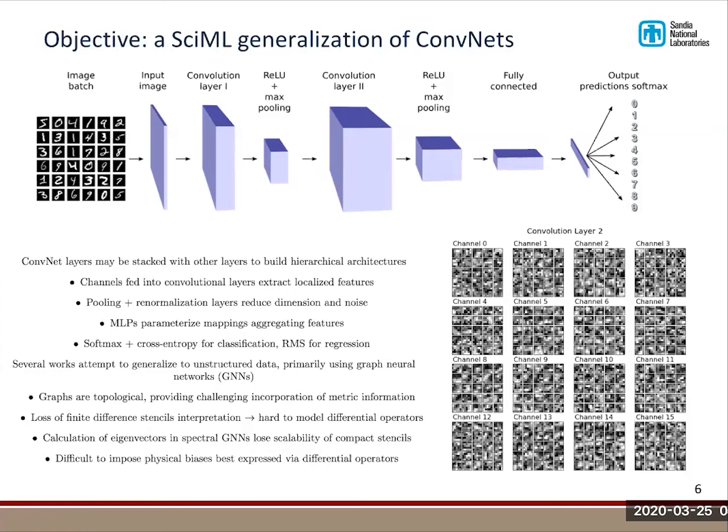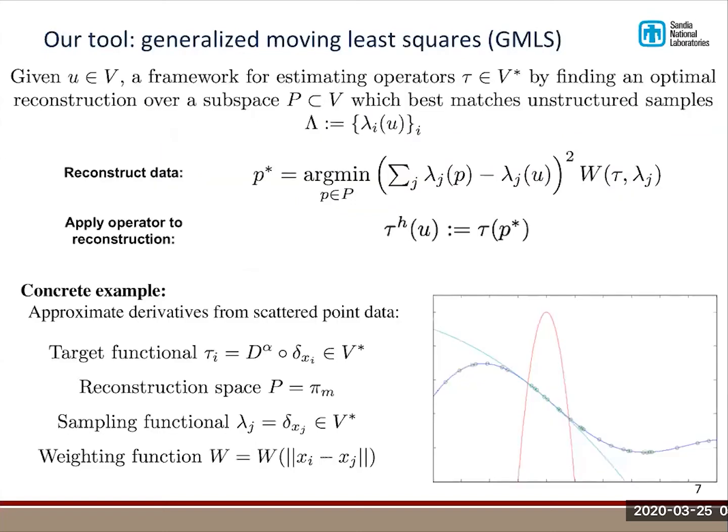So it's very difficult to incorporate metric information. And what that means is it's difficult to interpret convolutional layers as finite difference stencils. And the nice thing about finite difference stencils is they provide a connection to differential operators, and that provides a path to physics. So that's the main motivation that we have for developing a new tool here.